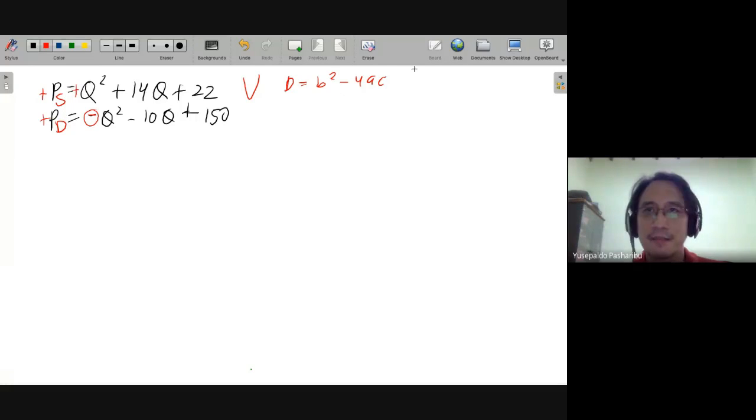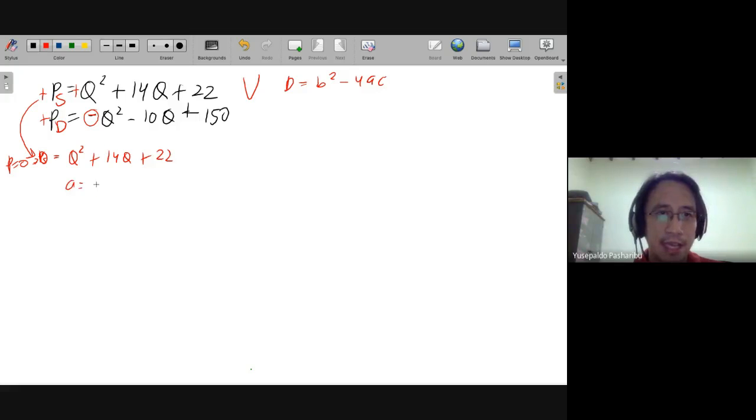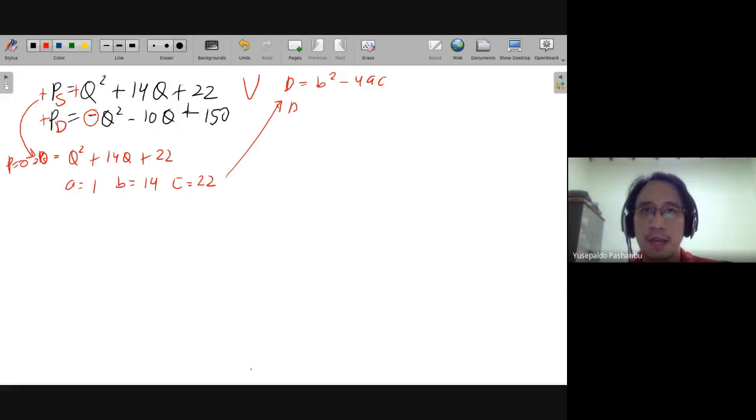For the first equation, if P equals 0, then 0 equals Q squared plus 14Q plus 22. So we have A equals 1, B equals 14, and C equals 22. Then put these numbers in this formula.